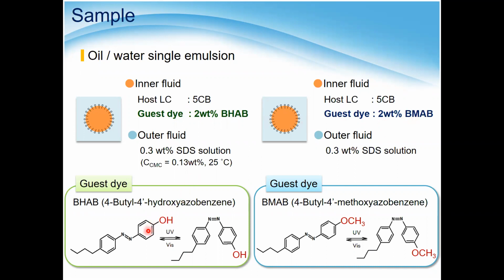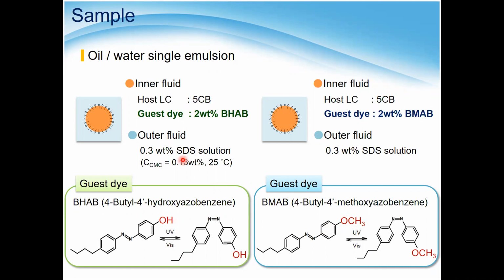The difference is that both of them are basically azo dyes, but at the end of the molecule, BHAB has OH, but BMAB has OCH3, and obviously this one is hydrophilic and this one is hydrophobic.